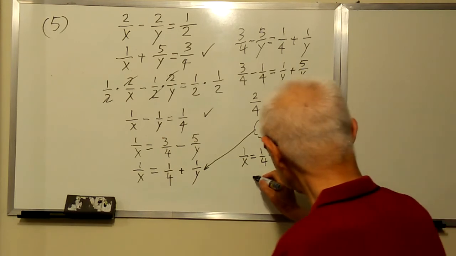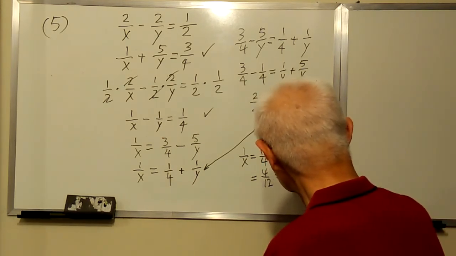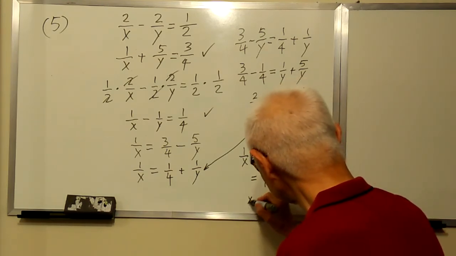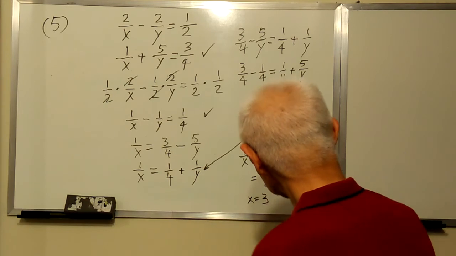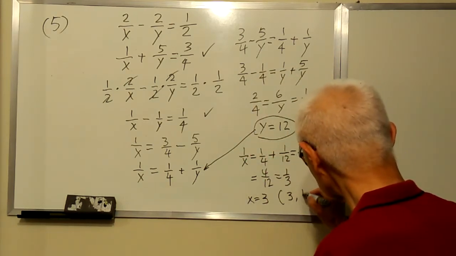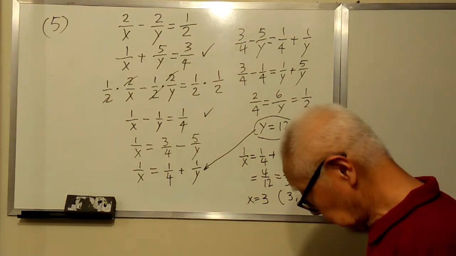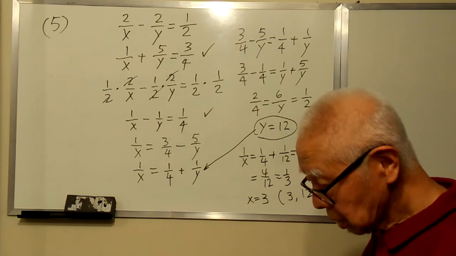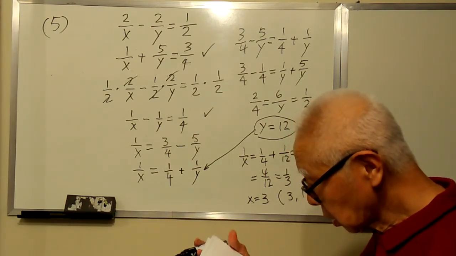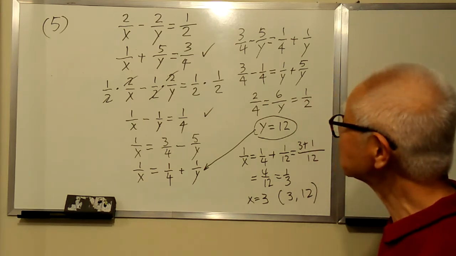And this is 4 over 12. 4 over 12 is 1 over 3. Therefore, x is equal to 3. So I have the answer, bracket (3, 12). So that's all the examples I am giving here.